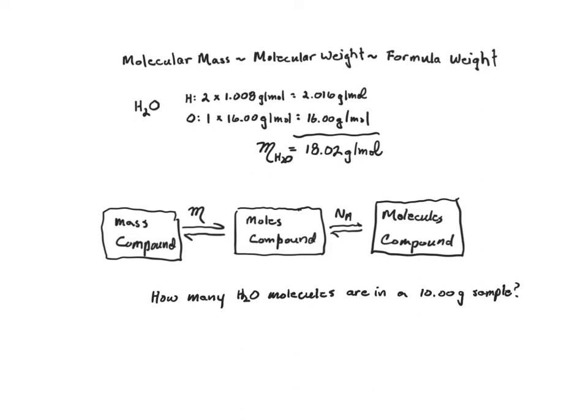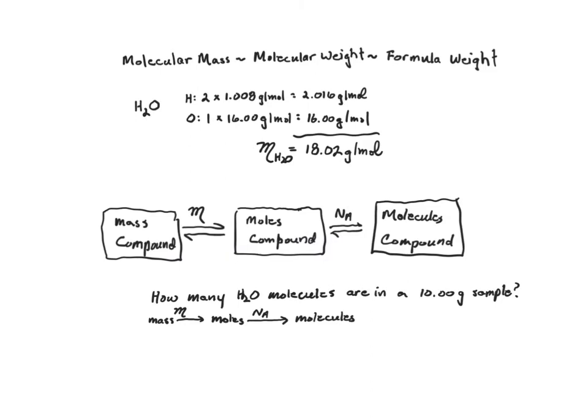Well, we're given the mass, so we're going to go from the mass of the compound to the moles, using the molar mass of water, which we've already calculated, and then use Avogadro's number to get us to the number of molecules.